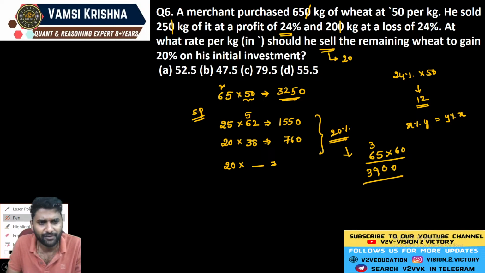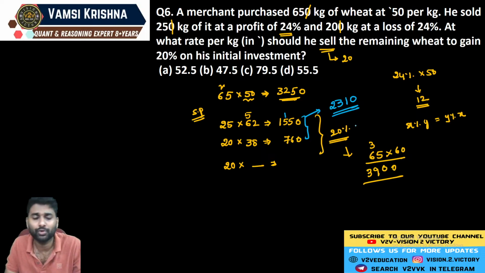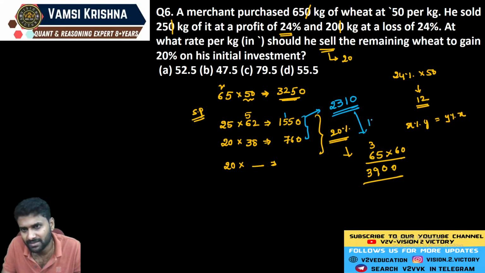Now if you add these two numbers, it becomes 2,310. Now, how much should be sold to get overall 20% profit? See, what is the difference here? It's a difference of 1590. So 1590 is divided by 20 gives the answer.